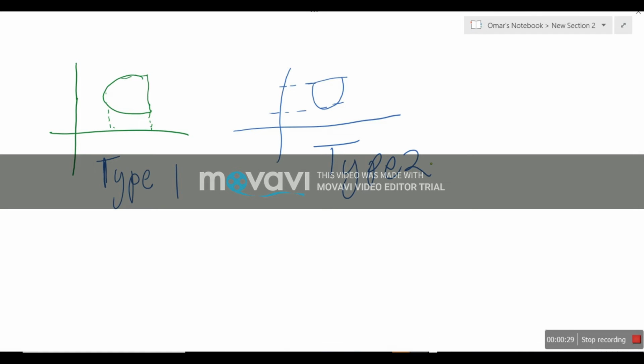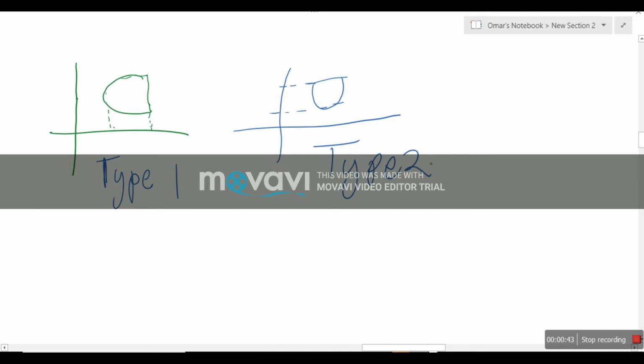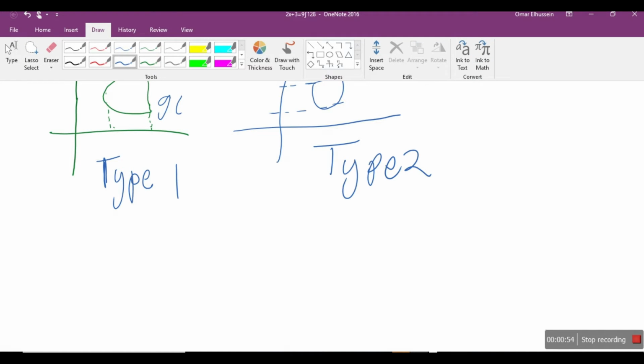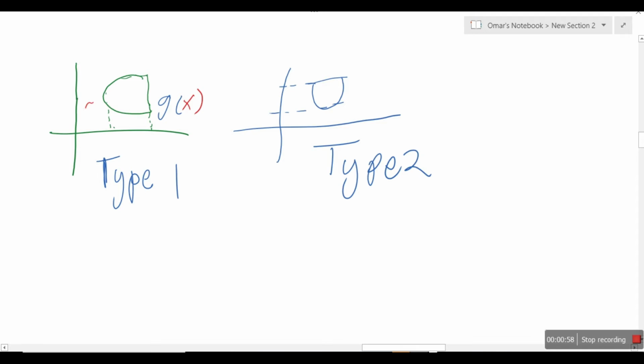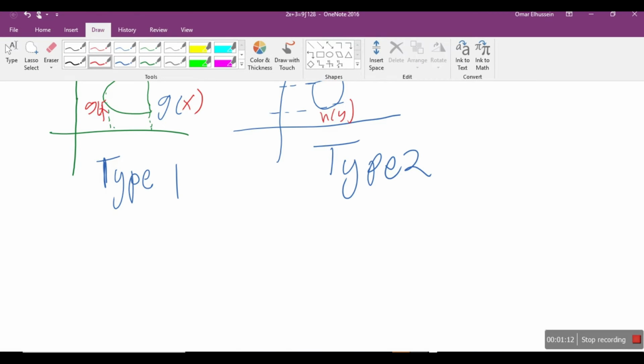The difference between type 1 and type 2 is that here you're integrating the functions of g of x, but here you integrate this function with respect to y, which is going to lead us to our equation over here.